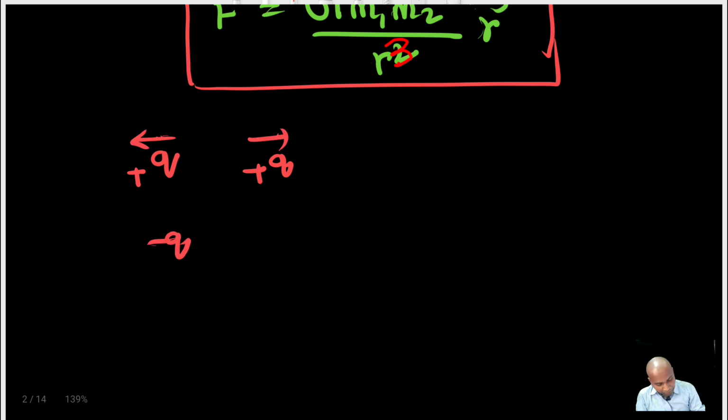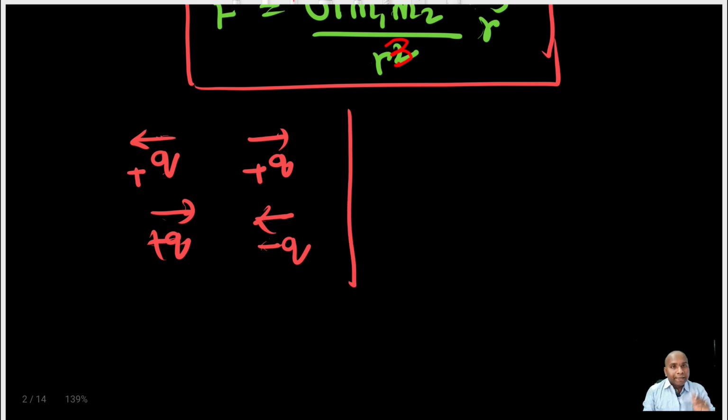If one is a positive charge and another is a negative charge, there exists an attractive force between these two. That means the electrostatic force has two types, attractive and repulsive. But coming to the gravitational force, it has only attractive nature.